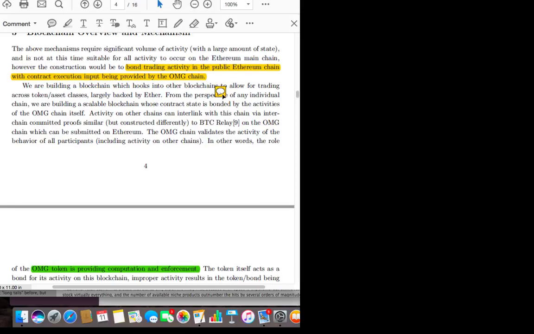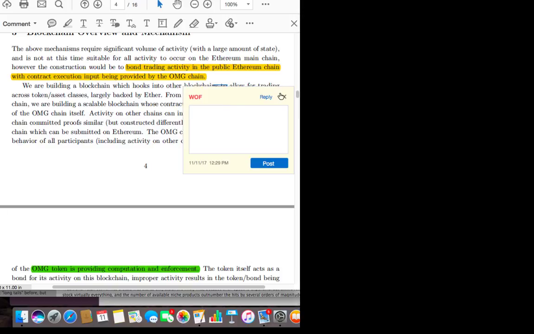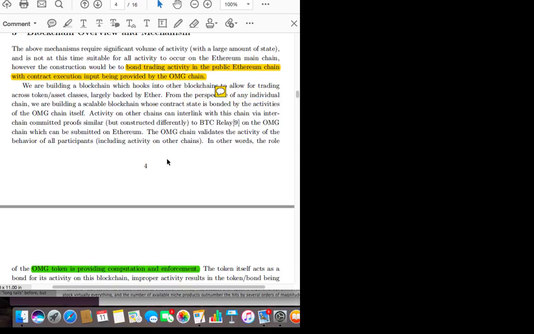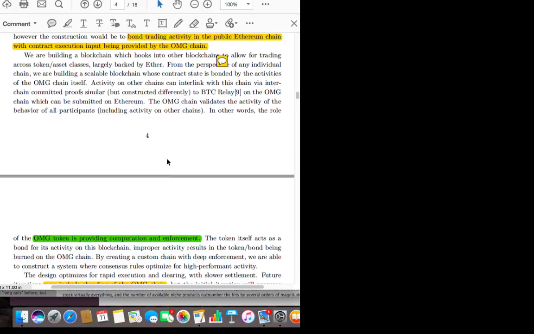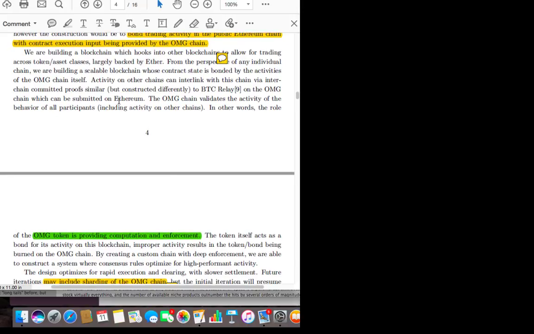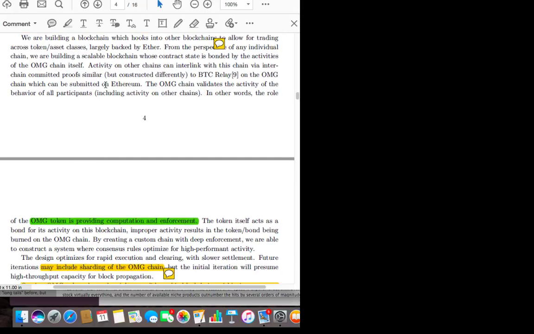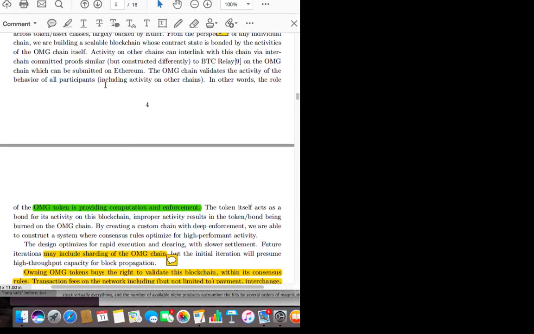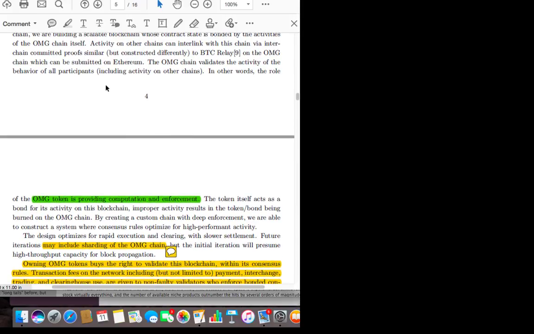They're just saying that activity on other chains can interlink with this chain via interchain committed proofs, similar to the Bitcoin relay on the Omisego chain, which can be submitted to Ethereum. And then the Omisego chain acts basically to validate the activity of all the participants.